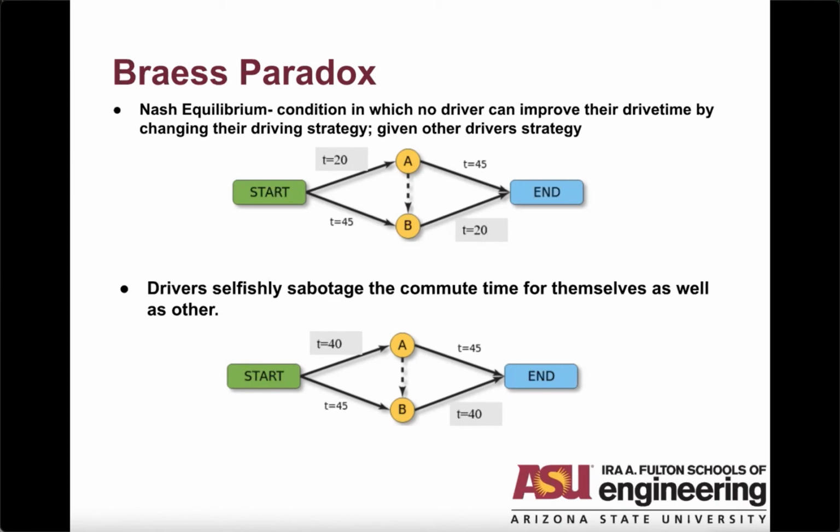So regardless, it increases the overall drive time, ultimately just sabotaging the commute for really the driver's own self-interest. The moral of the story is that Braess's paradox is something that needs to be evaluated and taken into consideration, and really, any additional capacity needs to be evaluated very carefully.